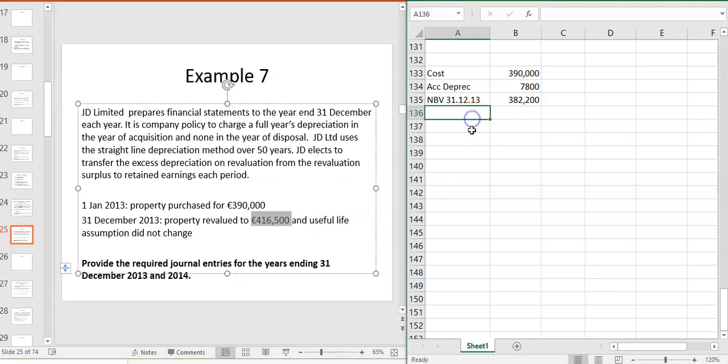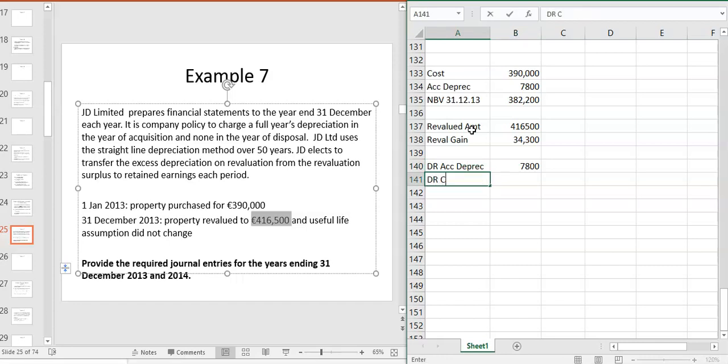So that means your revalued amount is 416,500. And the difference there is your reval gain. Now we can just briefly go through the debits and credits just to confirm it. So you're going to clear out accumulated depreciation, 78.